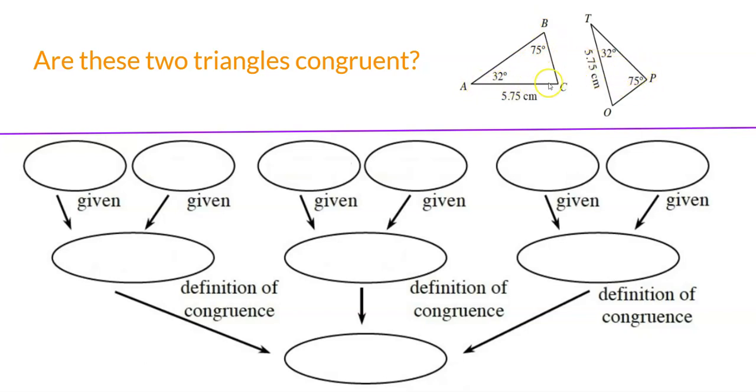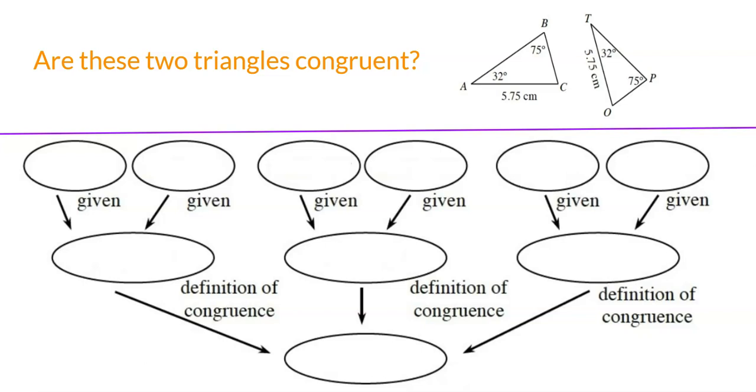And then I have a side right here that is 5.75, and I also have a side right here that's 5.75. So that looks good. Now from here, I have to go through the 4 conditions. If you just go straight into writing these things, which is fine, then at the end you're going to have to go through it and organize it to see which of the 4 you have.